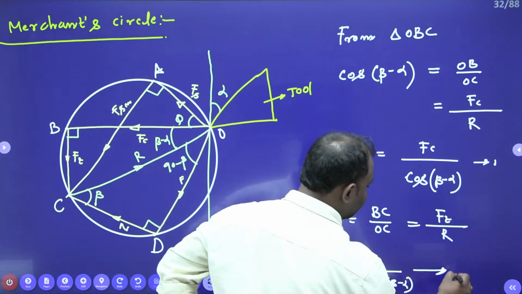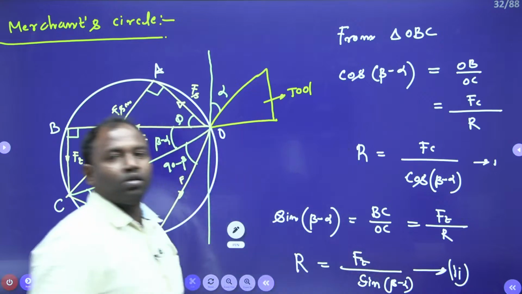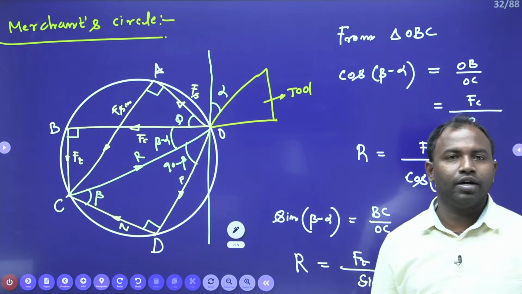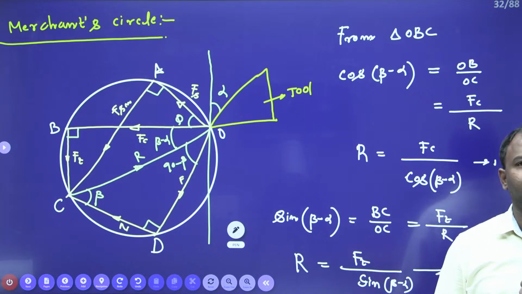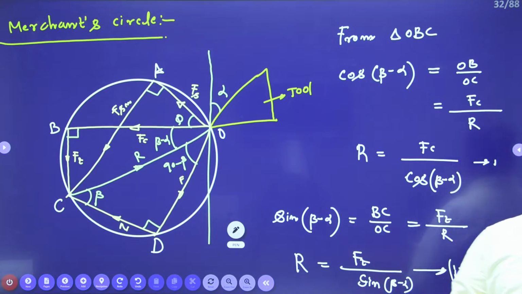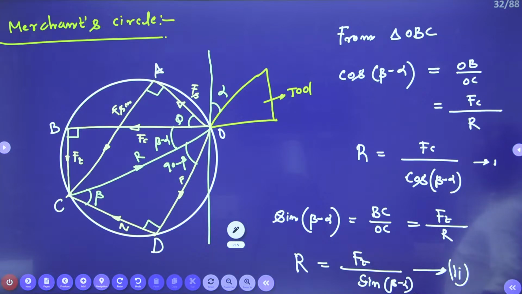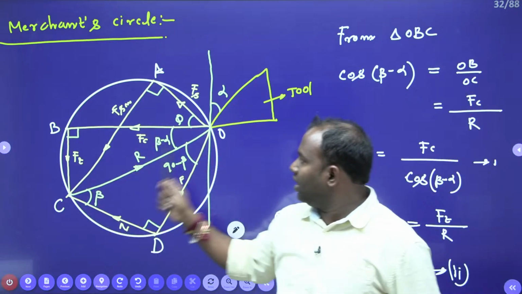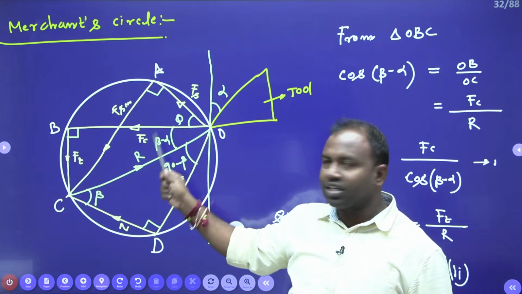Say that it is equation number 2. Alright guys, here it is Ft divided by sin of beta minus alpha, and it is the second equation for R. Now see, by using this OBC triangle, I found sin of beta minus alpha and cos of beta minus alpha.